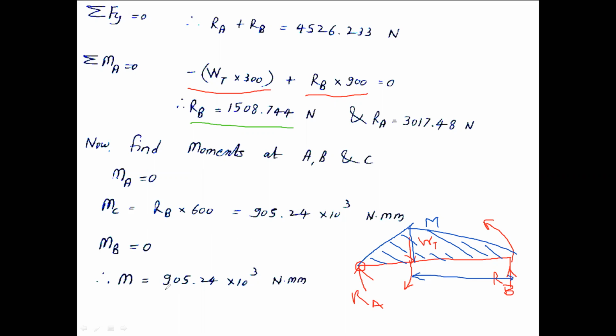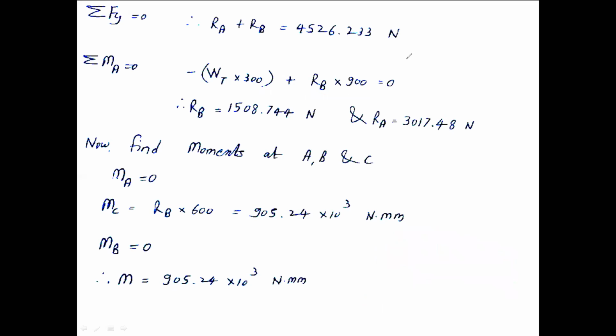So the maximum moment is at the bottom of the load. This completes our bending moment calculation. For any type of shaft, you can find the bending moment like this.